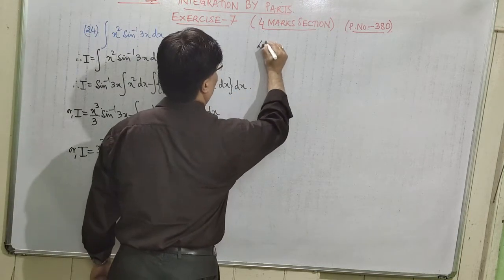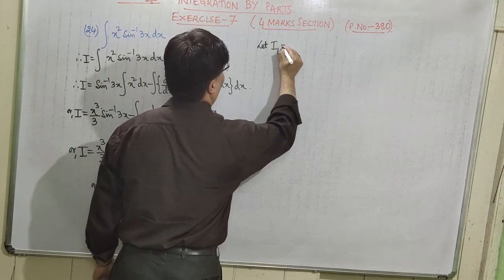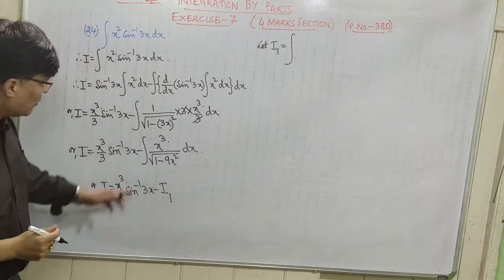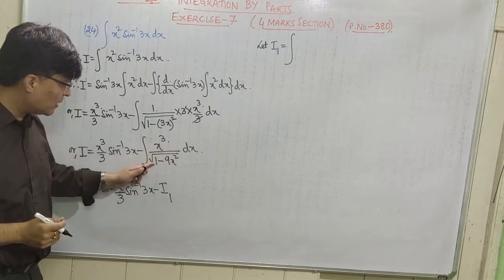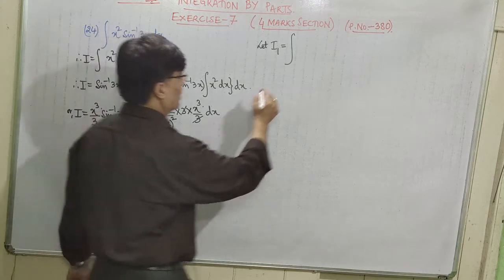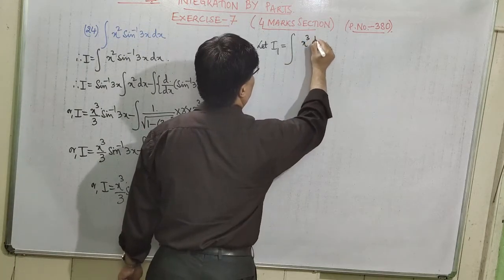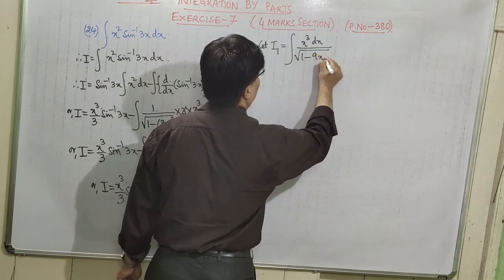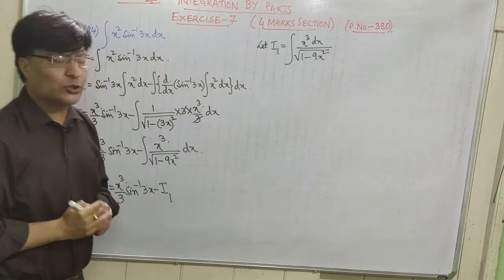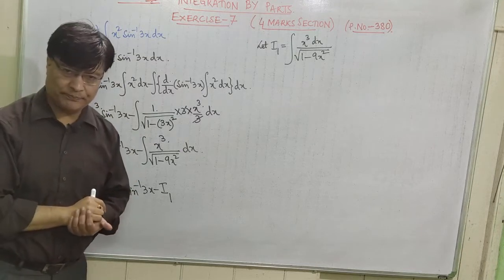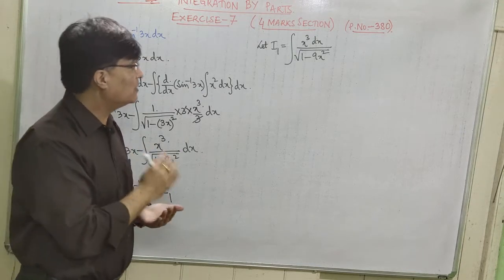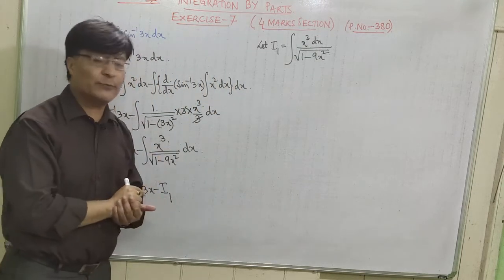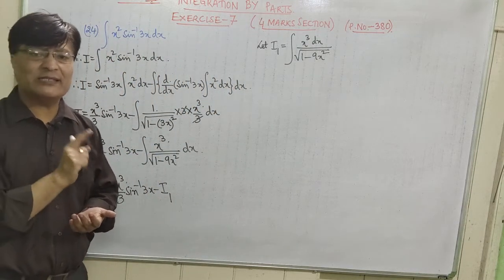Let I1 is equal to integration of, what is it? I1 is equal to integral of x cubed dx divided by root over 1 minus 9x square. So how can you evaluate this integration? You know that the differentiation of the expression on the square root, that is differentiation of the expression 1 minus 9x square, is minus 18x.